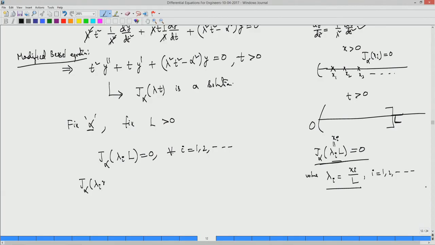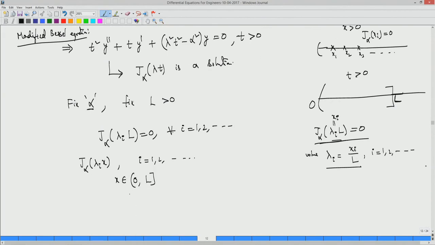J alpha of lambda I x, for every I = 1, 2, 3 onwards. These functions are defined for x belongs to 0 to L. In fact 0 is also included, as the function is also defined there. These are the functions.